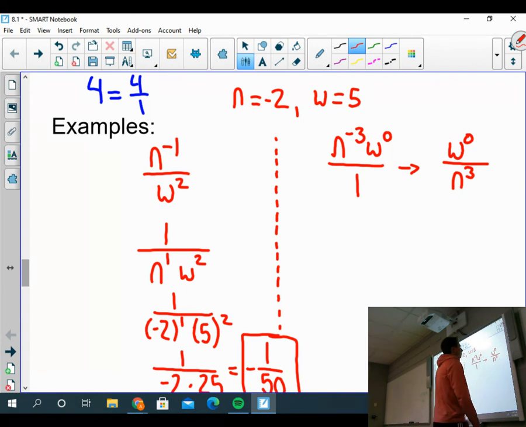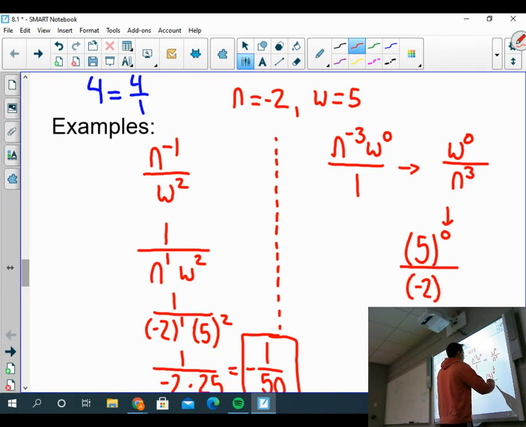Now, if you want, you could simplify w to the 0 here, but maybe that's a little confusing. So let's go ahead and plug in our values. When we plug in our values, I get 5 to the 0 power over -2 to the 3rd power. Well, anything to the 0 power is just 1.